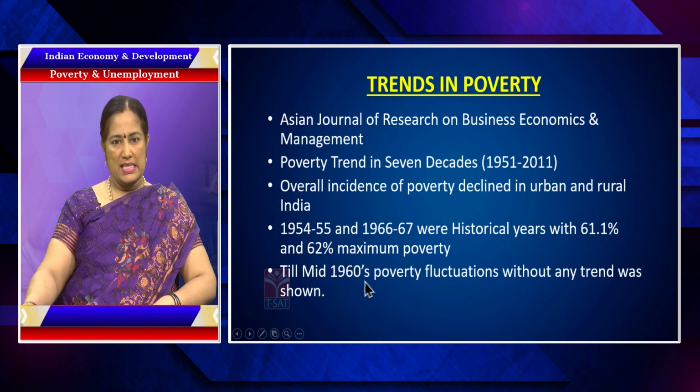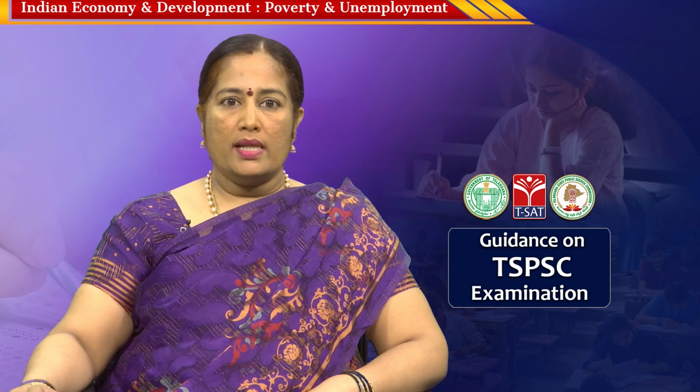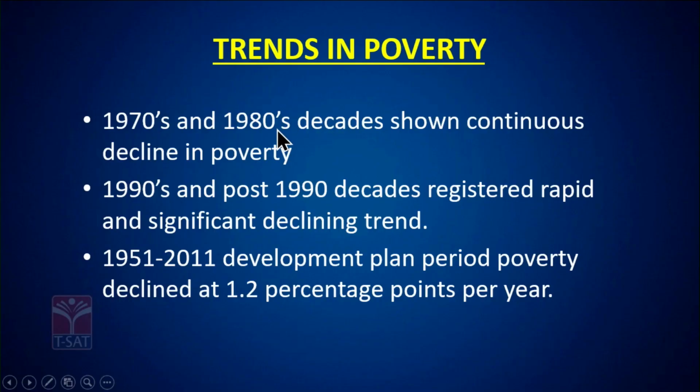So till the mid-60s, poverty fluctuations were there. That is, sometimes poverty was increasing, sometimes poverty was decreasing, but no significant trend was noticed till the 1960s. Then if you take the 70s and 80s decades, poverty started declining because during that time, the government had taken special initiative to make poverty alleviation programs an important objective of the 5-year plans, especially the 5th and 6th 5-year plans.